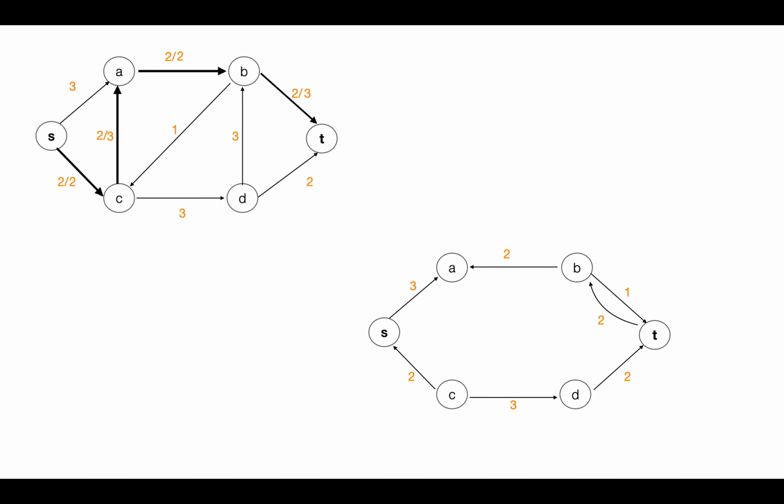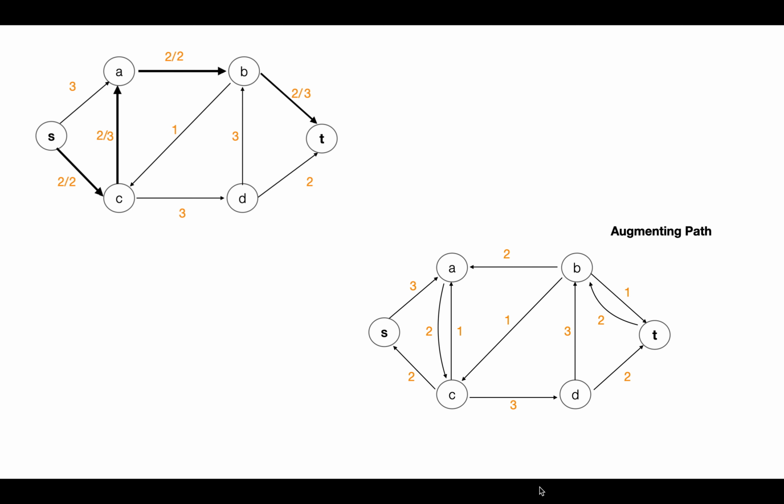See this edge, there is space for one more unit from C to A, so the residual capacity is 1 and we can shrink back the flow by 2. Now the other two edges are not used, there's no flow across them, so let's draw them as they are. So this is the residual graph that we're getting.